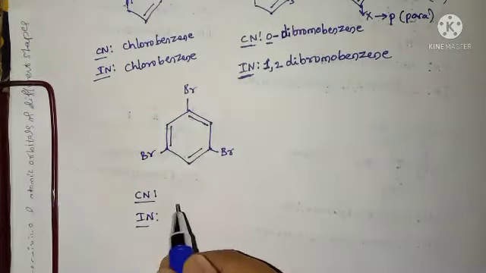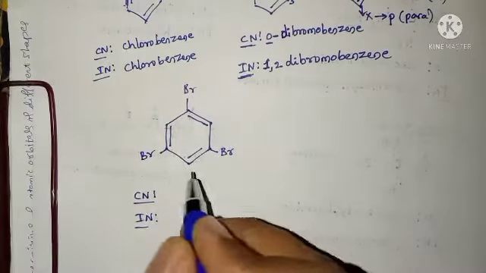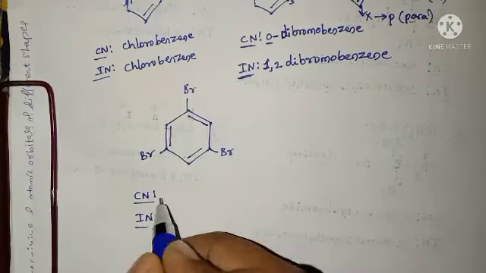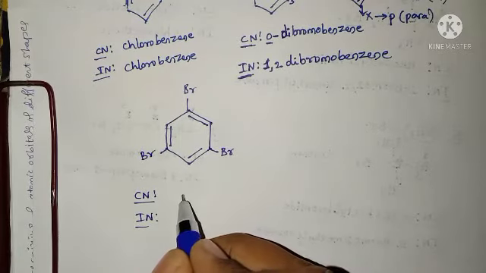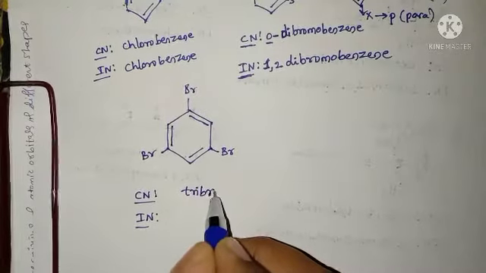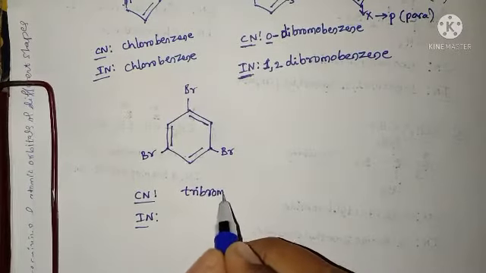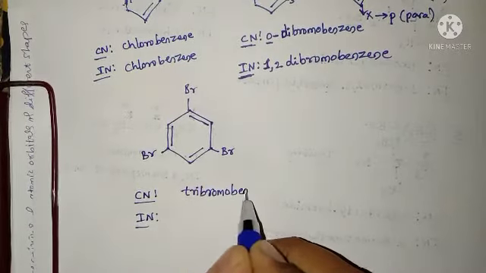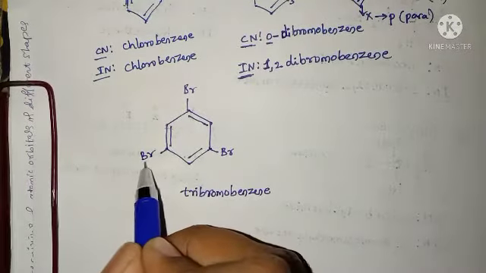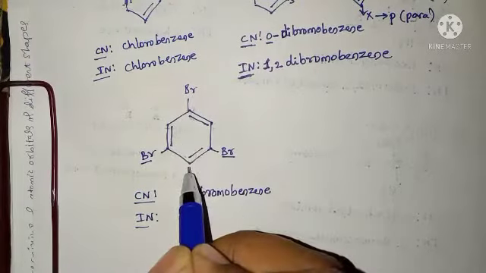In the next example, three bromine atoms are attached to the benzene ring, and the name becomes tribromobenzene, tribromo because three bromine atoms are attached. This is a symmetric compound.